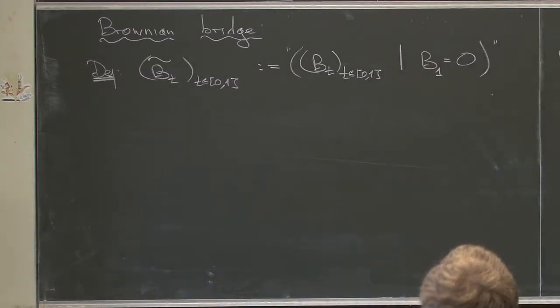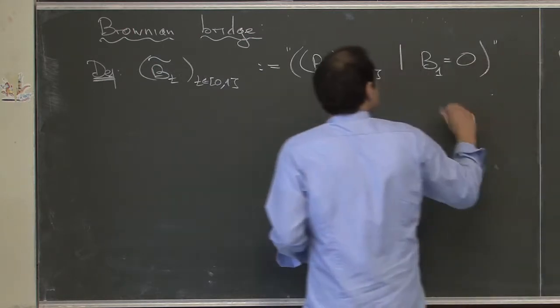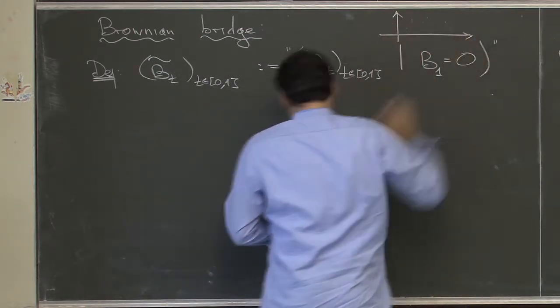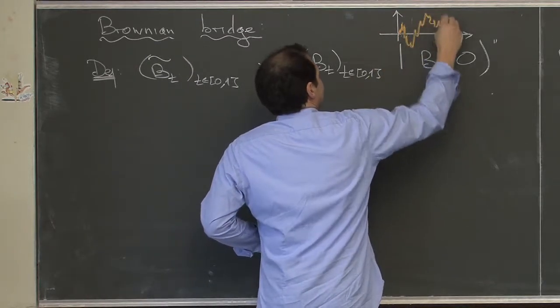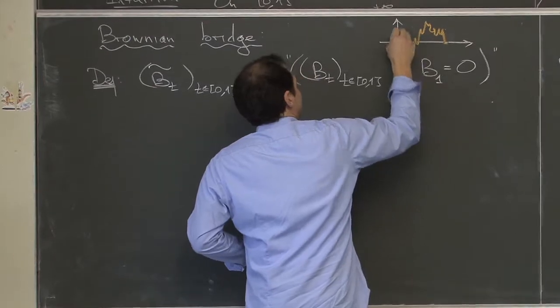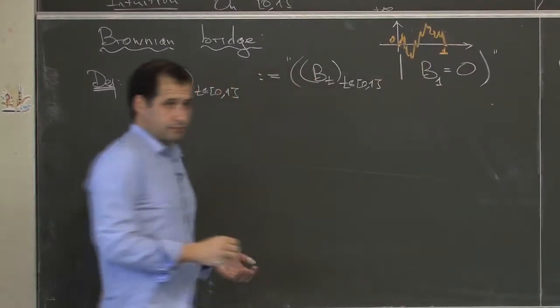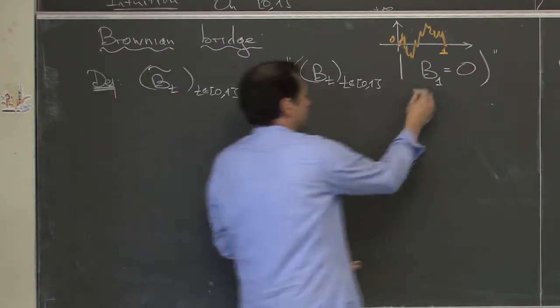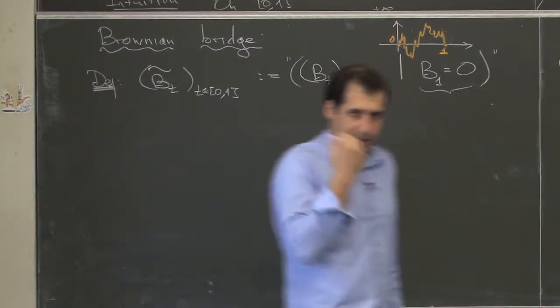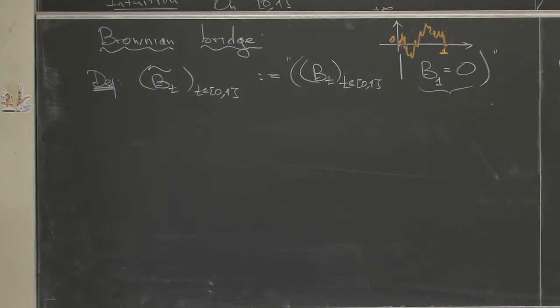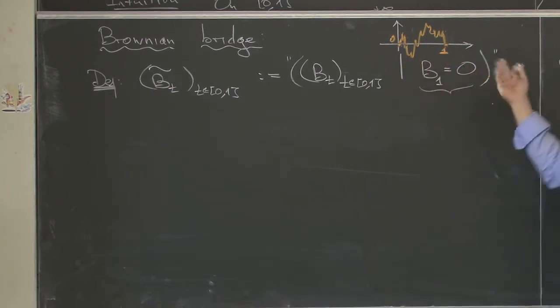Why? So first, what is the intuition? Okay, I had some trajectory, some graph, and I pin it at the point 1. The problem is that you might guess that this is an event of zero probability, just because B_1 is a standard Gaussian, right?